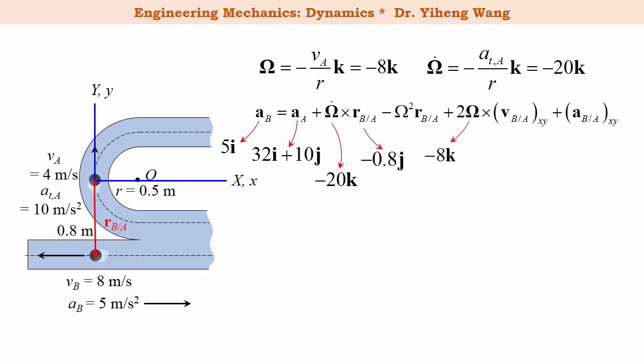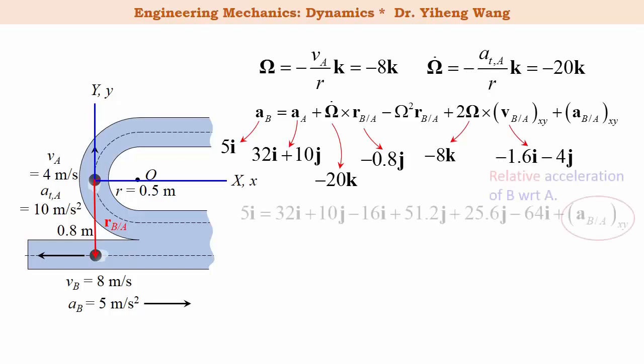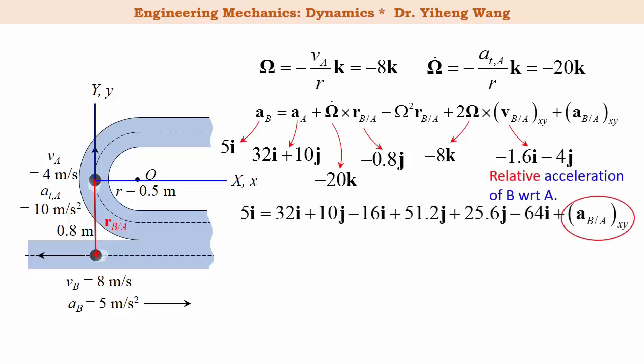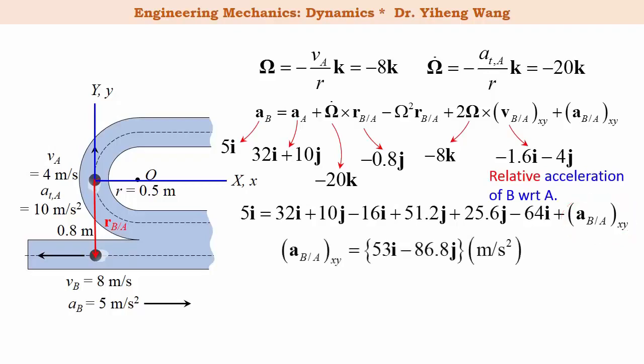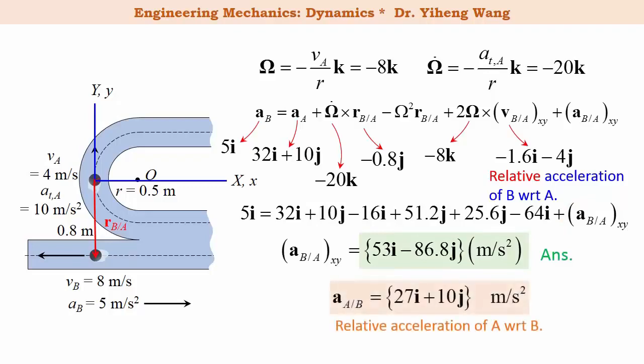This is, again, the angular velocity of this rotating frame. This is the relative velocity of object B with respect to A that we just determined. Therefore, in this equation, the only unknown is the relative acceleration of B with respect to A. And from here, we can solve for it. Again, please notice how this is different from the relative acceleration of A with respect to B.